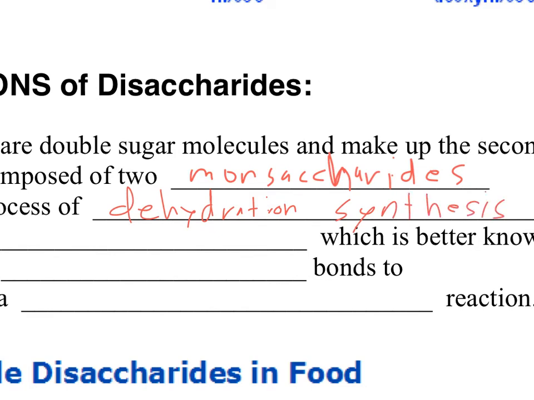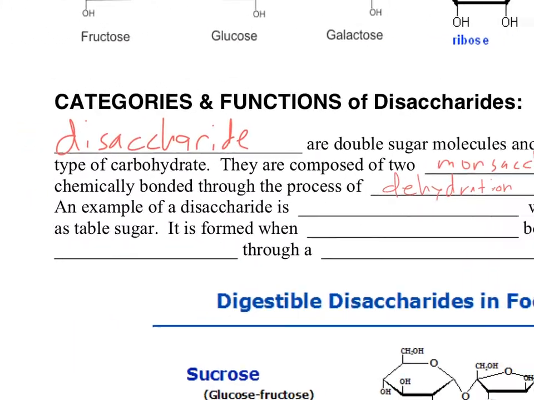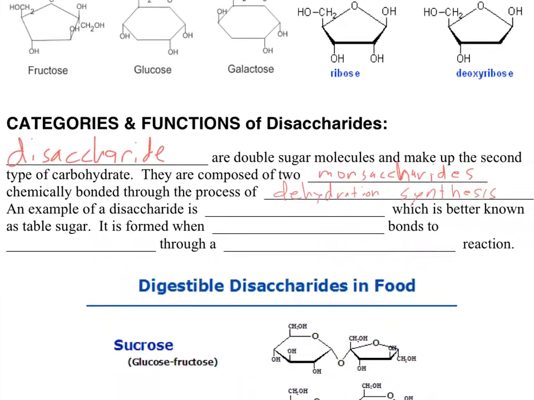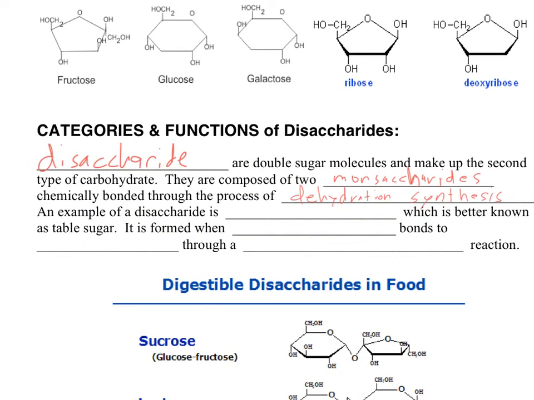That keeps coming up over and over again, right? So it must be important, as Adam says. Okay? Dehydration, synthesis. An example of a disaccharide is blank, which is better known as table sugar. Sucrose. Sucrose. Sucrose is formed when blank bonds to blank through a blank reaction.